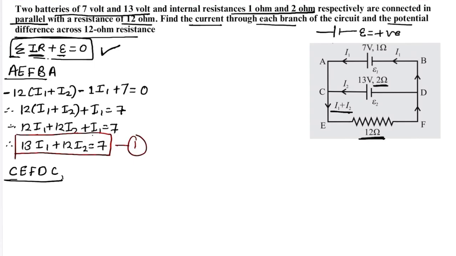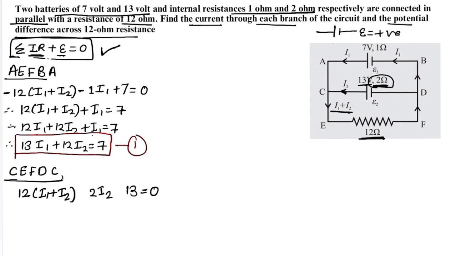Another internal resistance of the battery is 2 ohm, through which current I2 is flowing, and a battery of 13 volt is used here. So let's write these terms. Through the 12 ohm resistance the current flowing is I1 plus I2, through the 2 ohm resistance the current flowing is I2, and a battery of 13 volt is used, and the sum of all these terms will be 0.